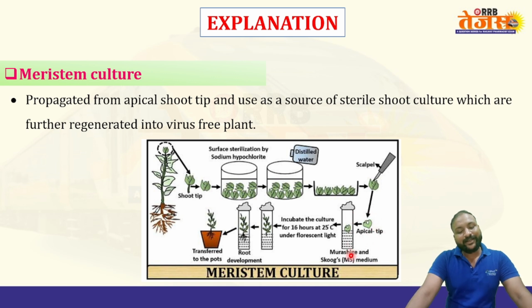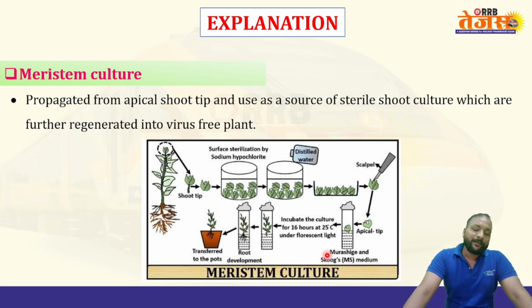That apical tip is transferred into the nutrient media, the Murashige and Skoog medium, which contains all the nutrients. Incubate it for 16 hours at 25 degrees centigrade under fluorescent light so that you will get root development. That root is then transferred to the pot.